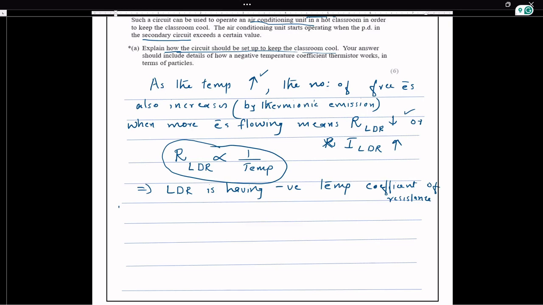Now I'm continuing: as the current of LDR increases, the resistance is decreasing and the current flow increases.